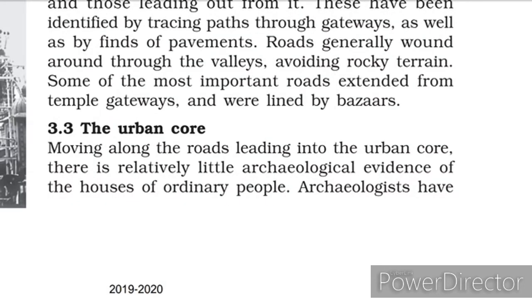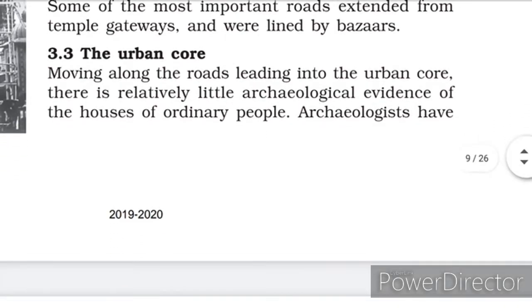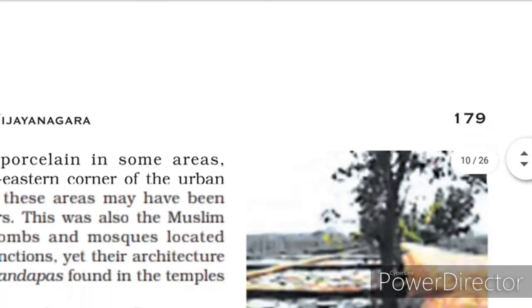So our next topic is the urban core. For this you can take down a question. The question is, write a note on the urban core. As we look at the urban core, we came to know that Chinese pottery wares were found in the northeastern corner of the urban core. It was supposed that the area was captured by rich traders.